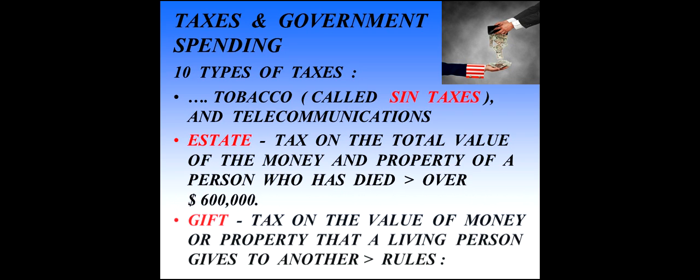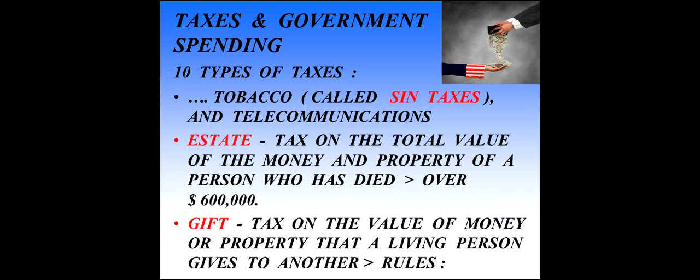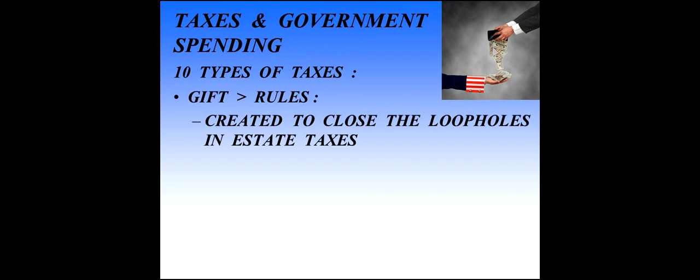Okay, the next type of tax is called a gift tax, and this is a tax on the value of money or property that a living person gives to another person, and there are some rules around this, which I'll cover here in a moment. The rules on the gift tax are rather lengthy and complex, so let me suffice it to say that they were created to close the loopholes that exist in the estate tax system.